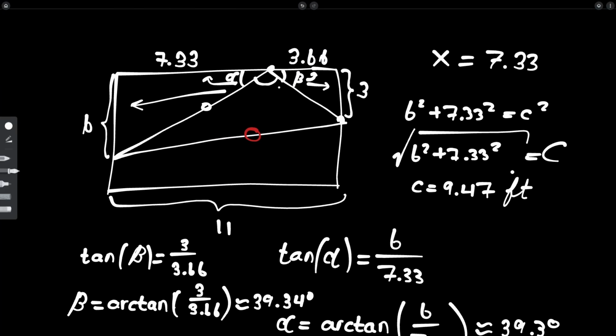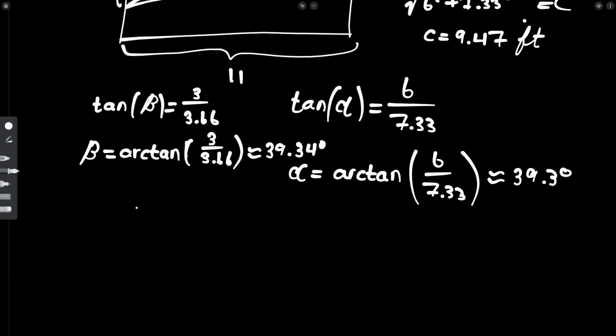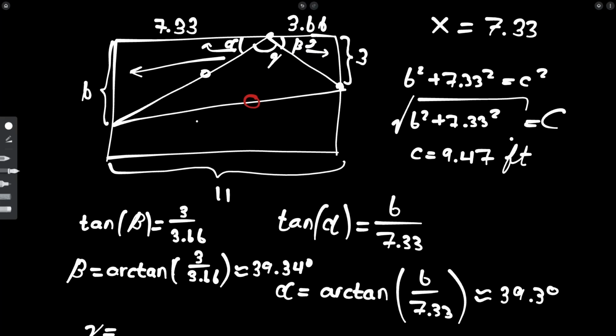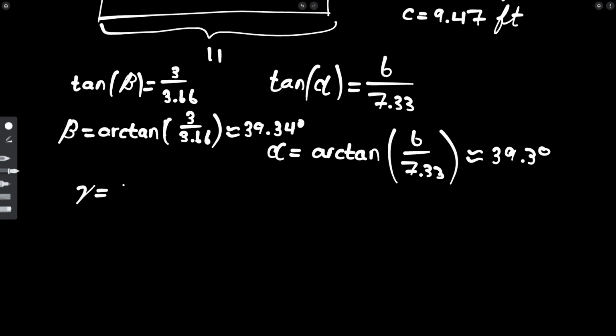Now that we have these two angles, we can solve for this third angle. I will call it gamma. How we'll solve this is this entire line is 180 degrees. So we can find what this angle in the middle is by doing 180 minus alpha minus beta.